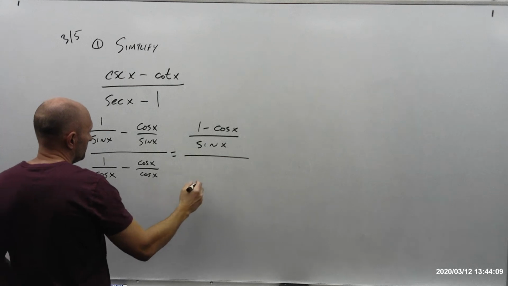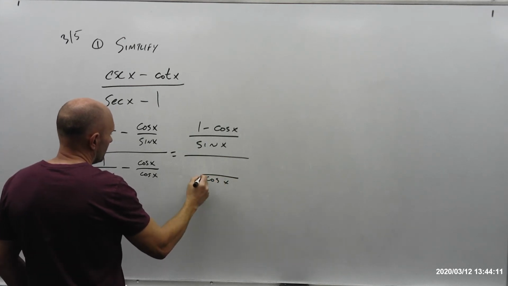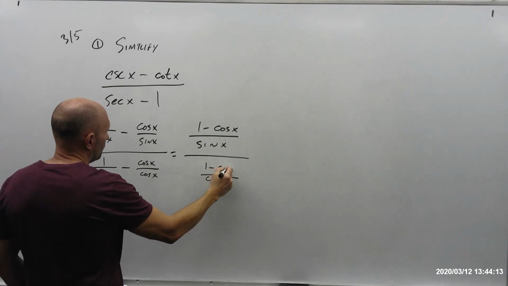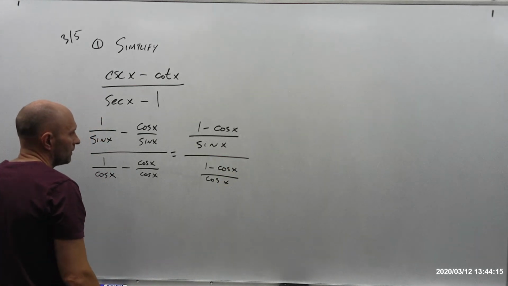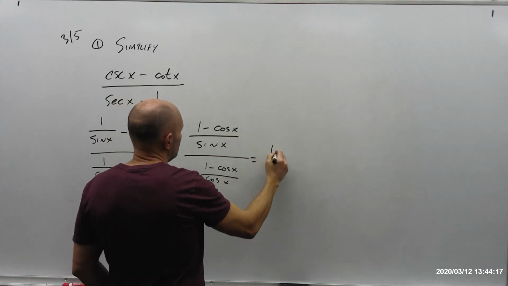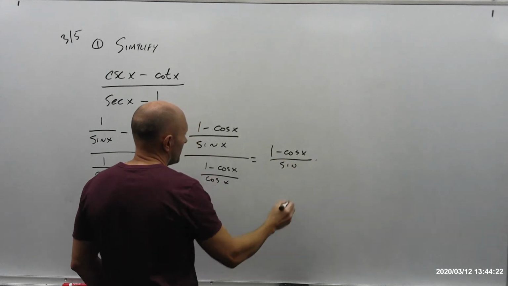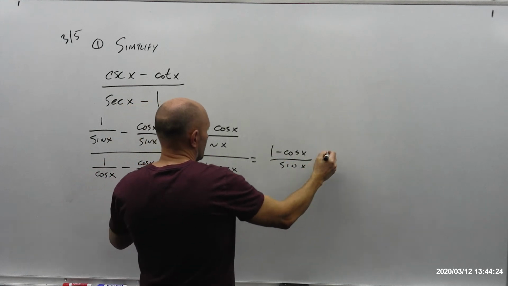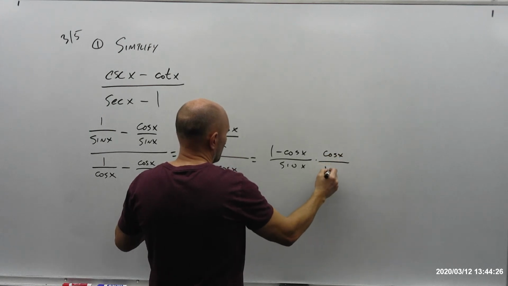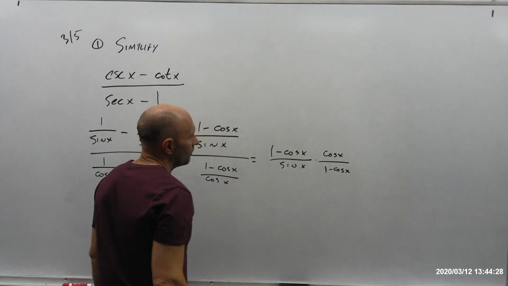And then the bottom, cosine is the denominator, and I have 1 minus cosine as the numerator. So if I keep the numerator, change it to multiplication, and flip the denominator, cosine of x over 1 minus cosine, well, what happens?